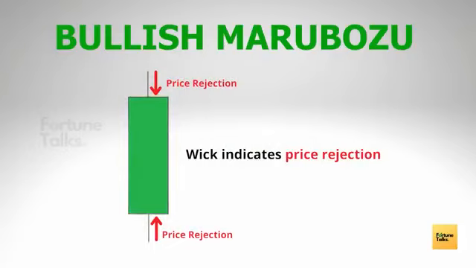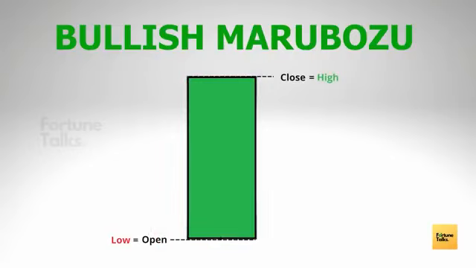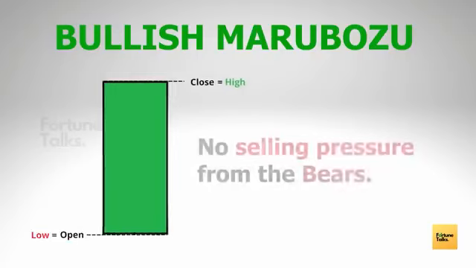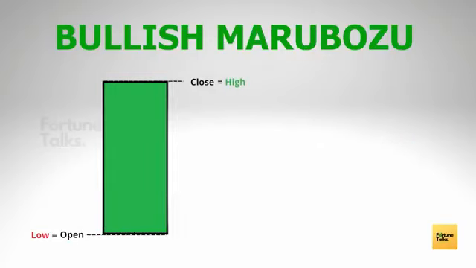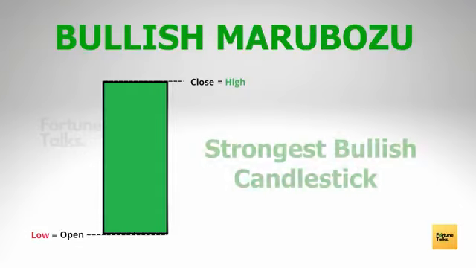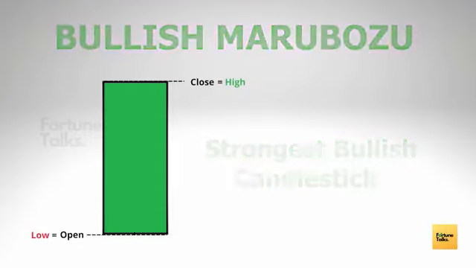In case of a bullish Marubozu, the open and low prices coincide, and similarly the high and close prices coincide, which means that there is no selling pressure from the bears. That brings us to the conclusion that bullish Marubozus are the strongest bullish candles we can find on a chart.